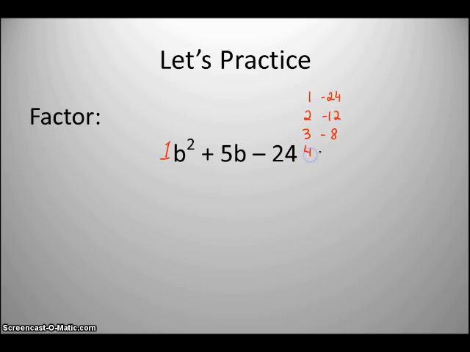And I have 4 and negative 6. Then I have negative 1, positive 24, negative 2, positive 12, negative 3, positive 8, negative 4, and positive 6.